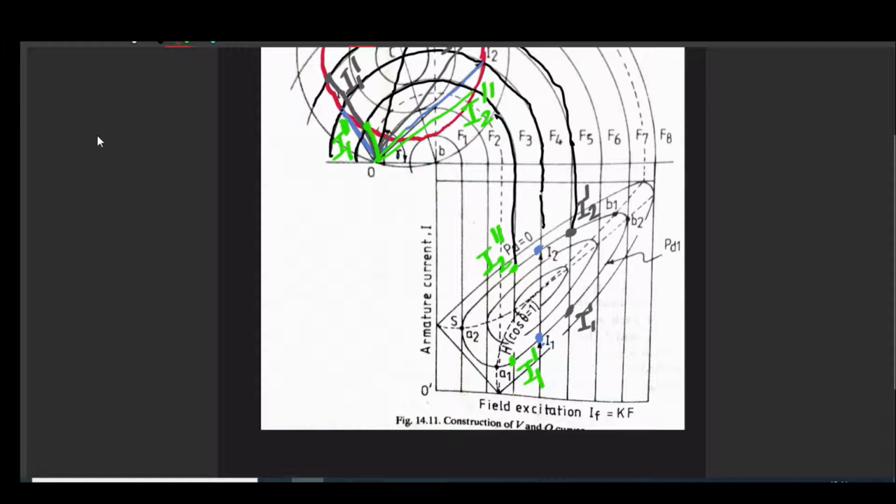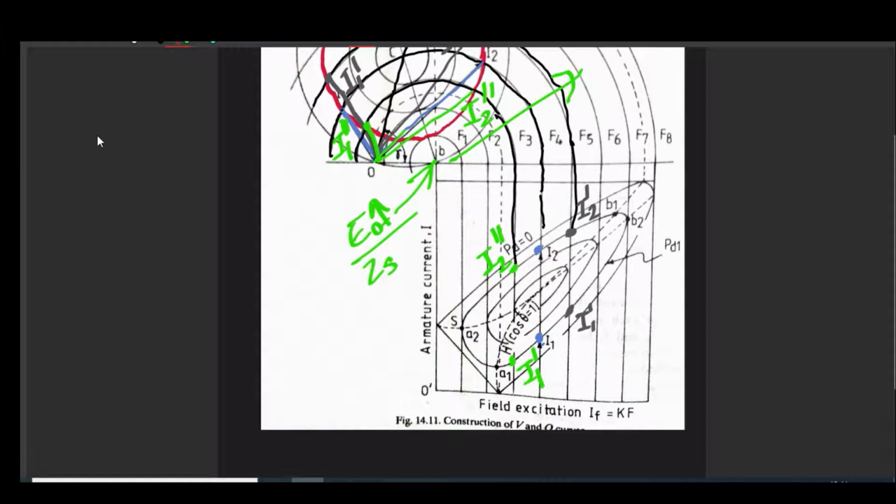Like we can take different values. Obviously here, this B is the center of the circle where E naught is equal to 0 at B, and if you go in this way, then you are taking higher values of E naught.